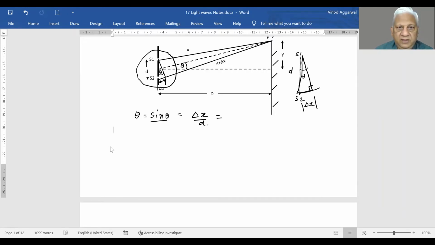And it is also defined as, this is also theta. This is also theta.